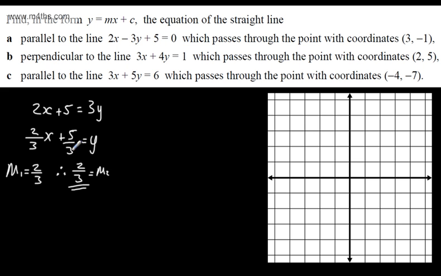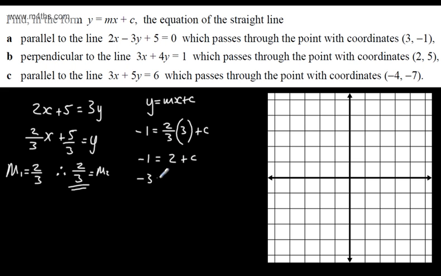It's the same thing. So if we just substitute this into y is equal to mx plus c, we've got now y is -1. That's going to be equal to 2/3, and then we're going to have the x coordinate, which is going to be 3, and then we're going to have plus the c. So -1, 2/3 of 3, the 3's are cancelling, that's going to give me 2.